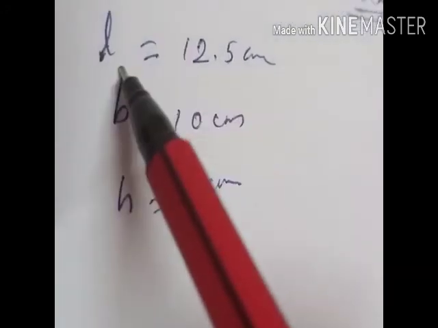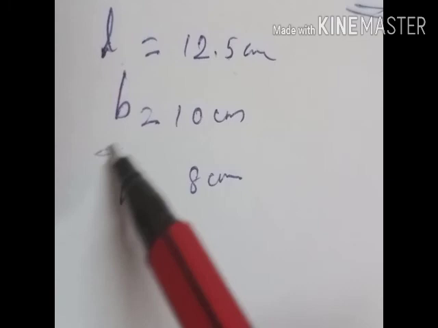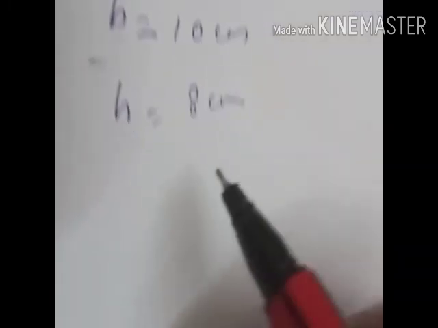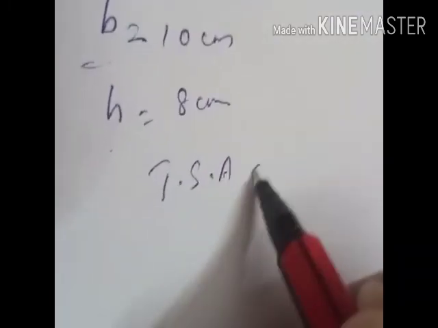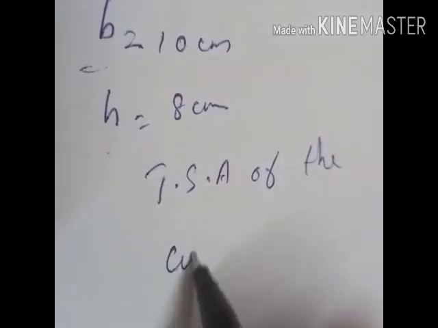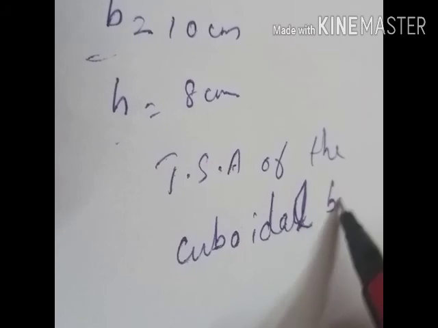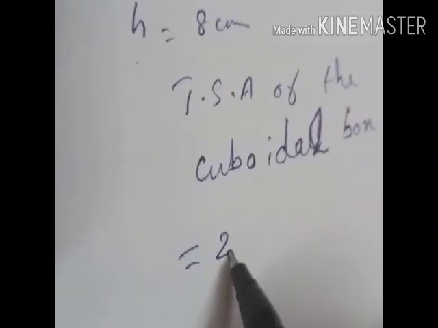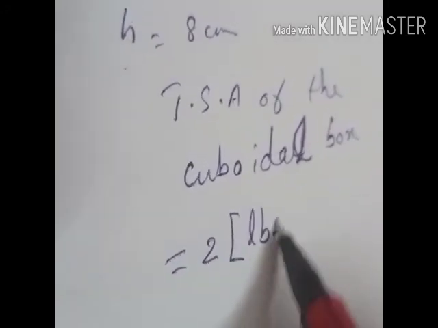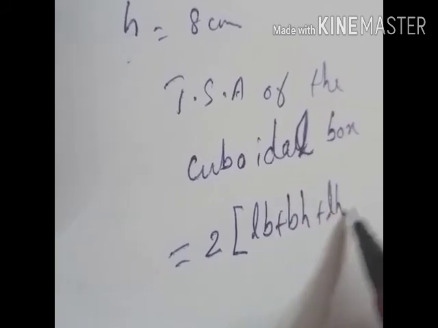Then for the cuboidal box, l is 12.5, b is 10 and h is 8. So TSA of the cuboidal box equals what? 2 into (lb plus bh plus lh).